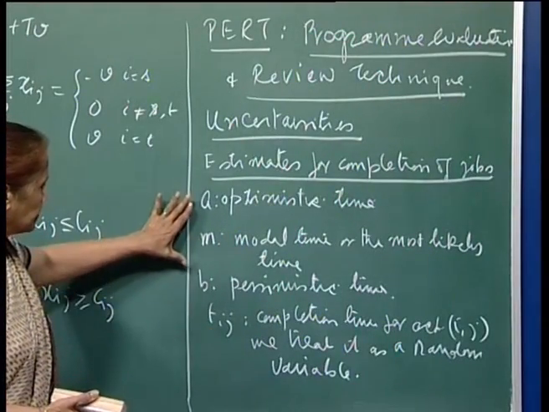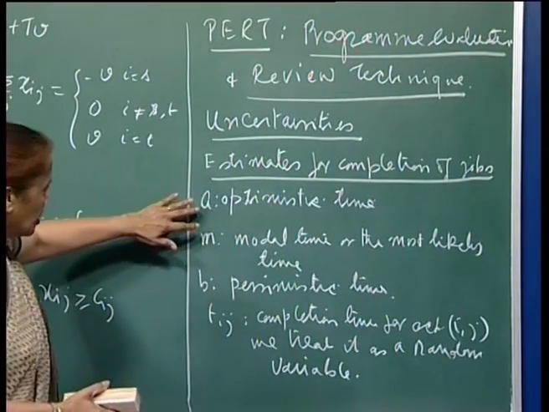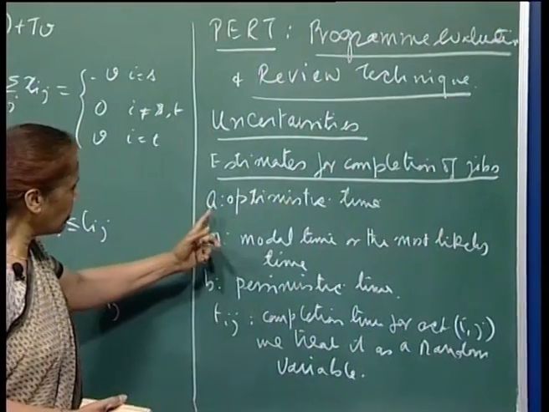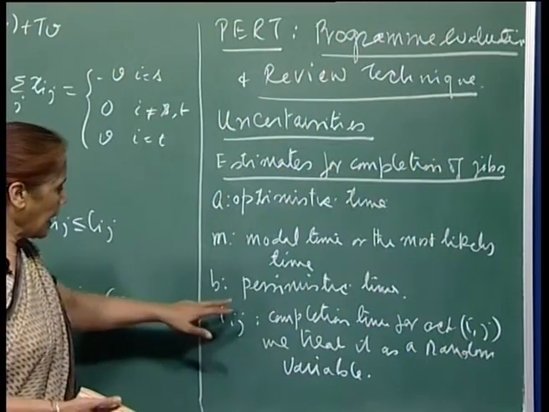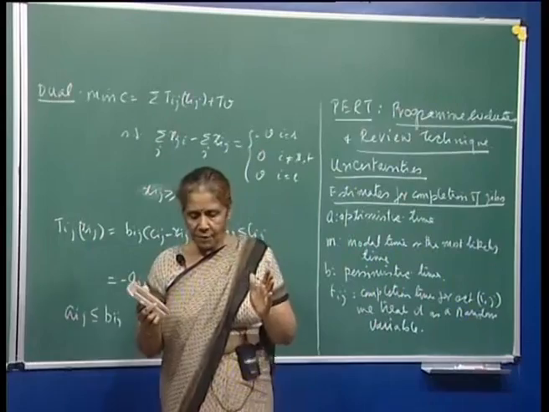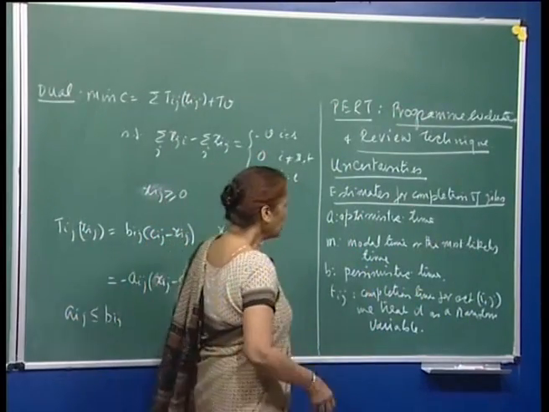That it has a finite range, because you do not expect the job to be completed before the time A, because it is the optimistic time, right, and you do not expect it to go beyond B. So you are looking for a probability density function which has a finite range, which is unimodal.